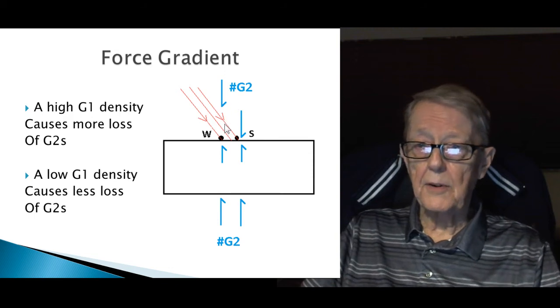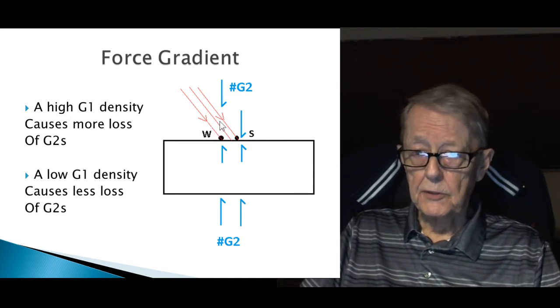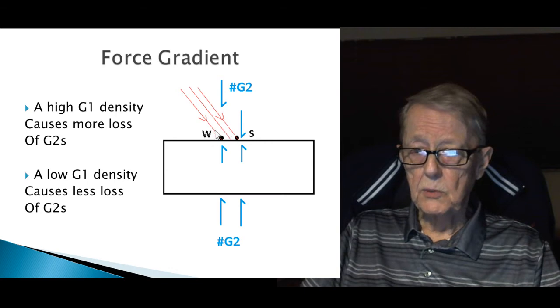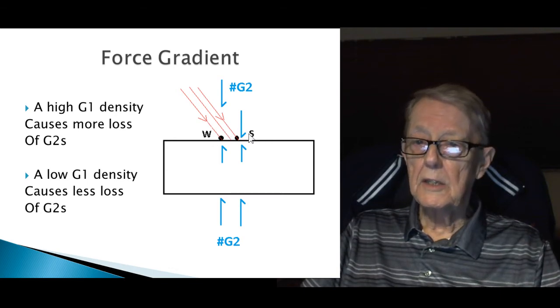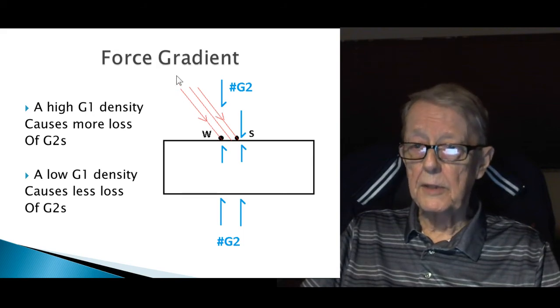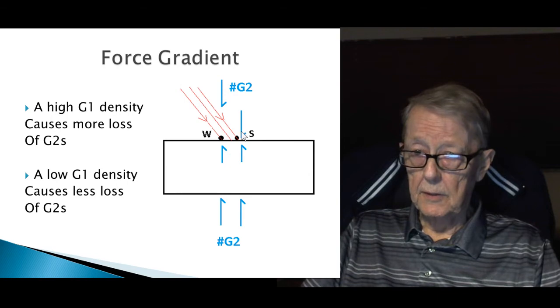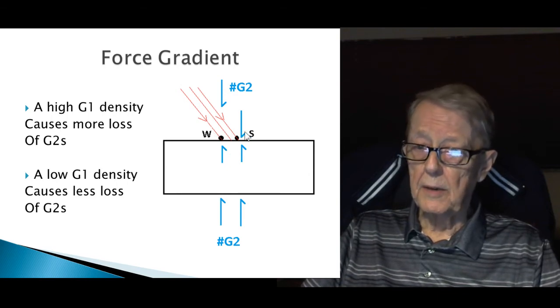Whether you use a lot or a little, in any case, this force becomes weaker by the time it gets here. There's fewer particles, so the force is less. So this is weaker, this is stronger. Stronger on the right, weaker on the left. And it doesn't matter whether this is red, green, or blue, or white. Stronger on the right, weaker on the left, and has a gradient in between the two.